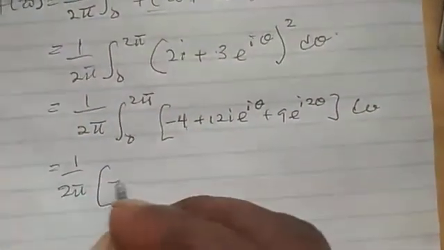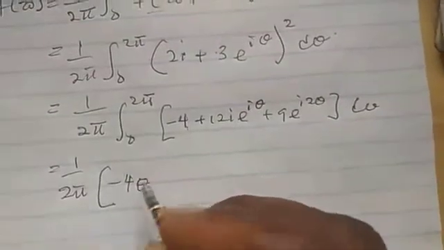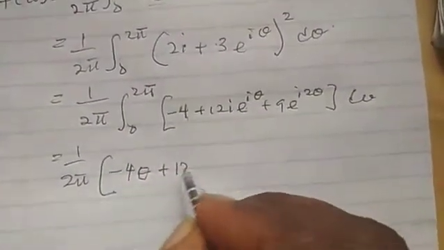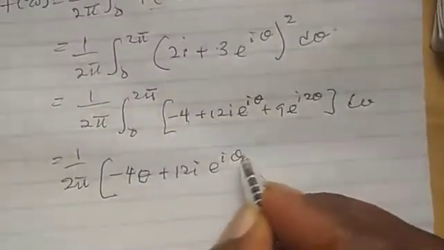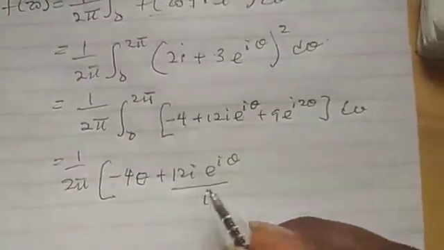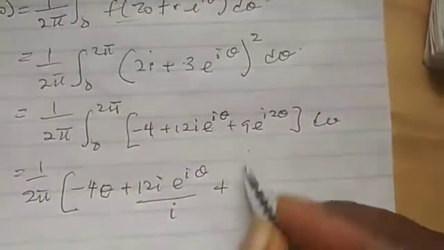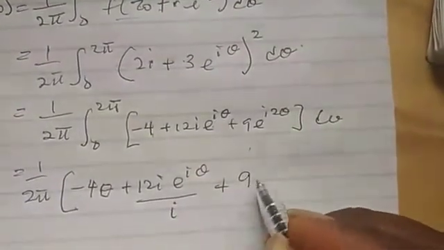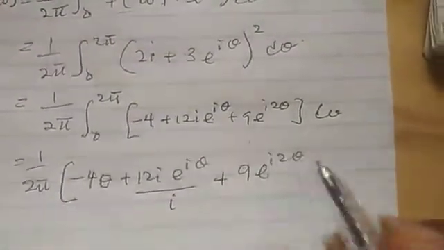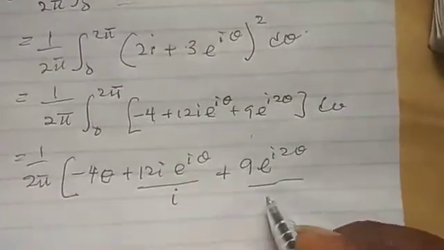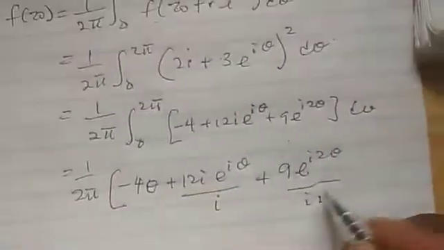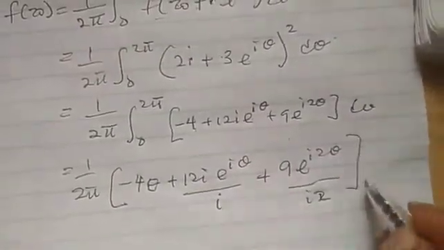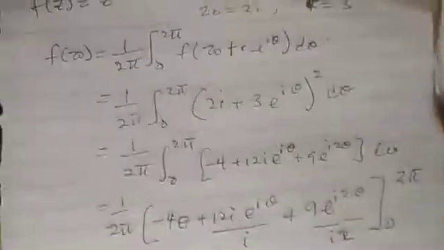When we integrate this one, we have 4 theta. When we integrate this one, we have 12i exponential i theta over i. And when we integrate this one, we have 9 exponential 2i theta over 2i, from 0 to 2 pi.